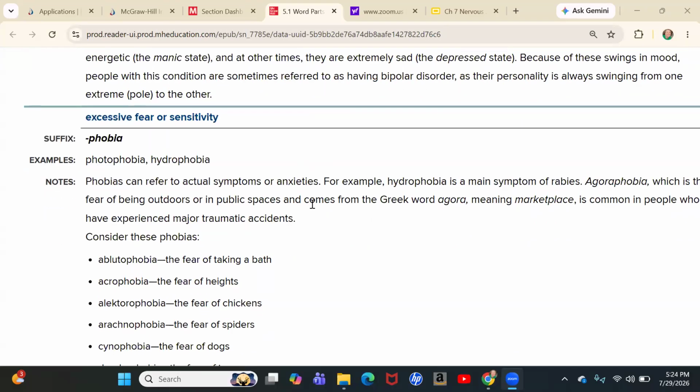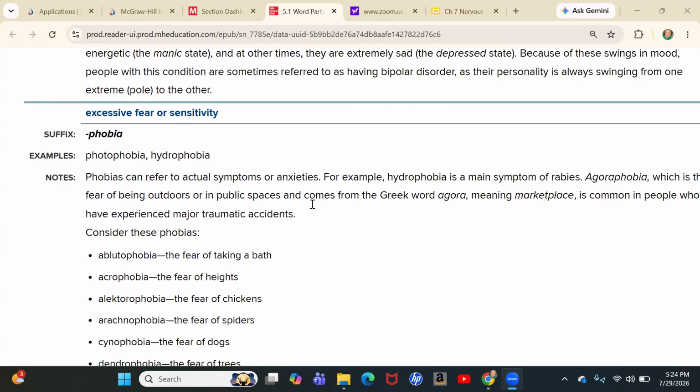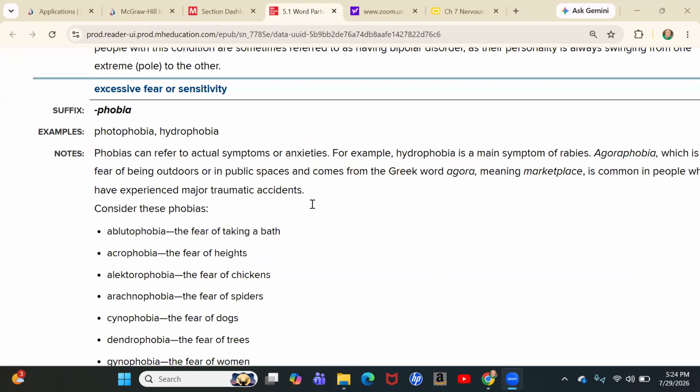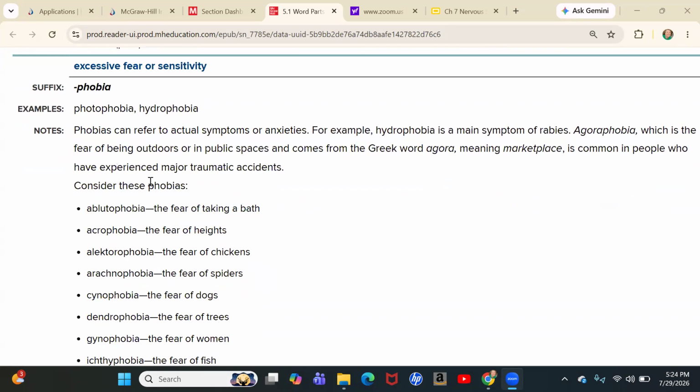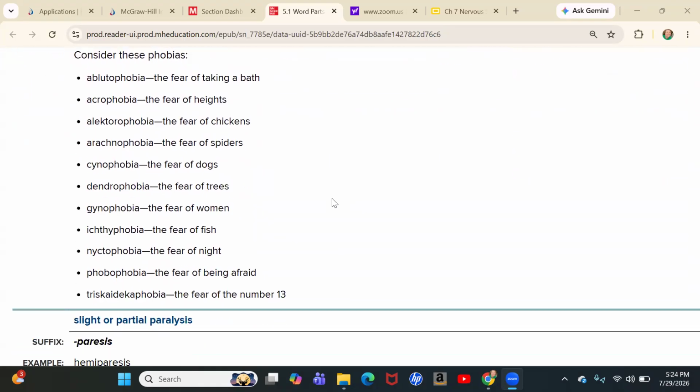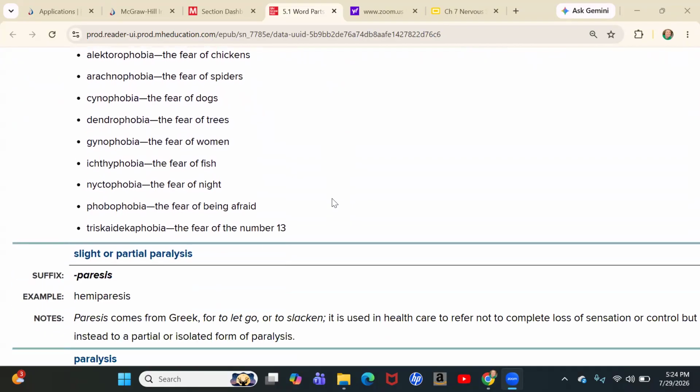And the opposite of extreme want is extreme fear. And you see that here with phobia. So the suffix would be phobia. The prefix or the other word root with it would be what the fear is of. So acrophobia, cyanophobia, all of these different phobias.